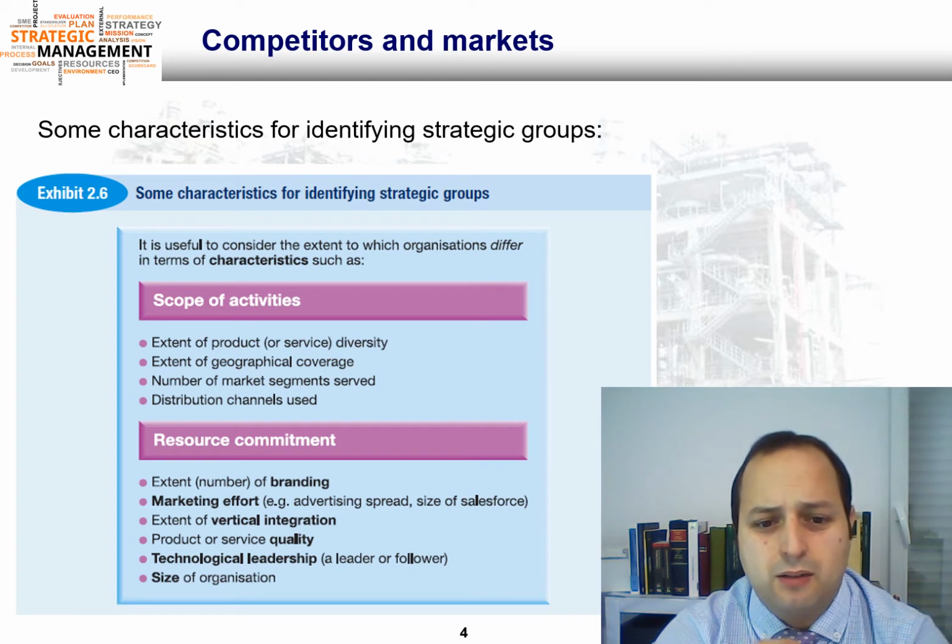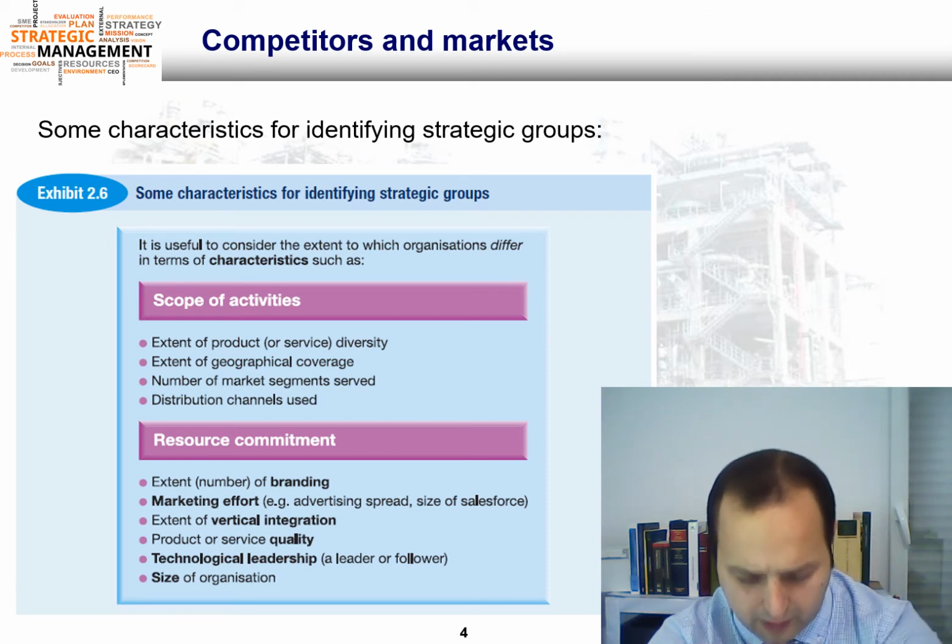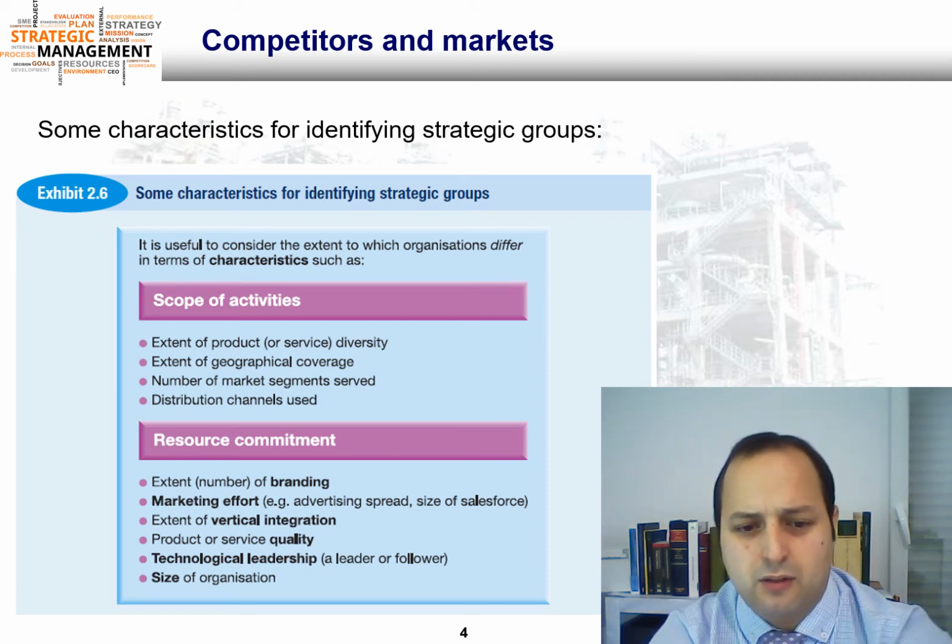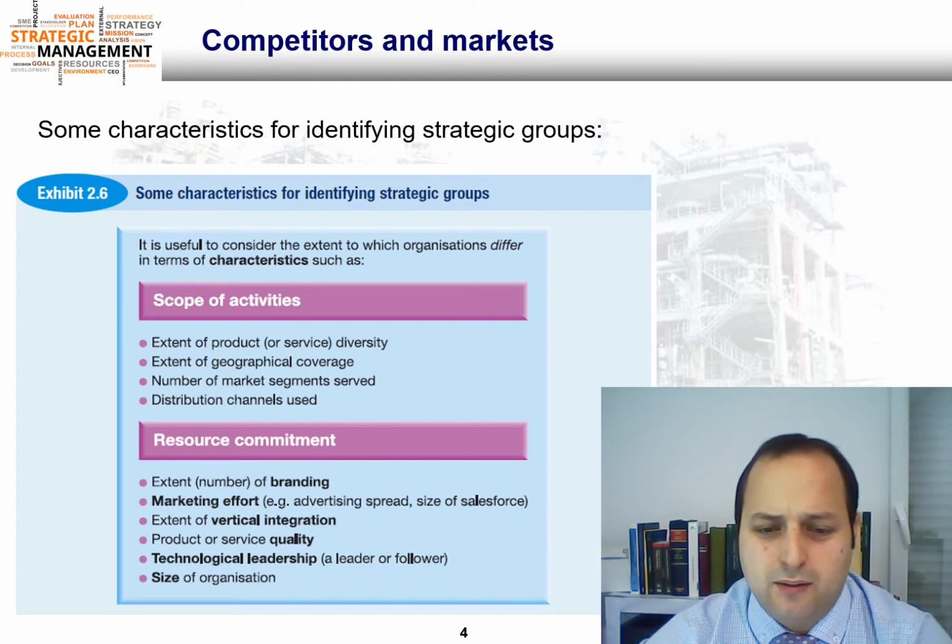And when we speak about the resources, we have to focus on the extent of branding, the marketing effort, the extent of vertical integration, the product or service quality, the technological leadership, or the size of the organization. Of course, these are the most typical characteristics for identifying strategic groups, but it is going to depend on the concrete sector or industry we are speaking about, and the characteristics are going to differ.